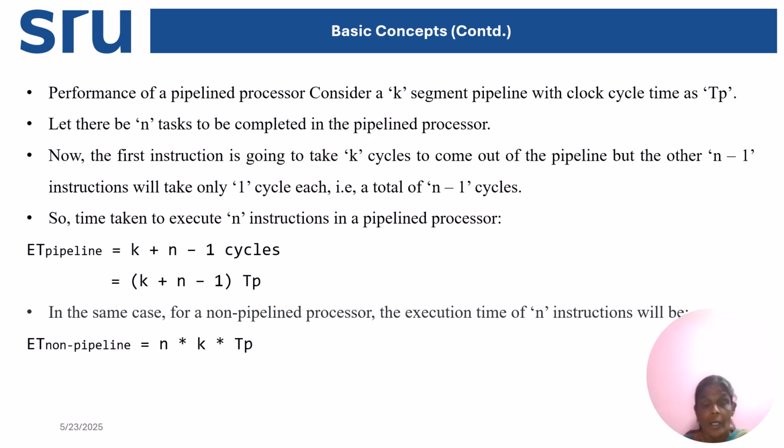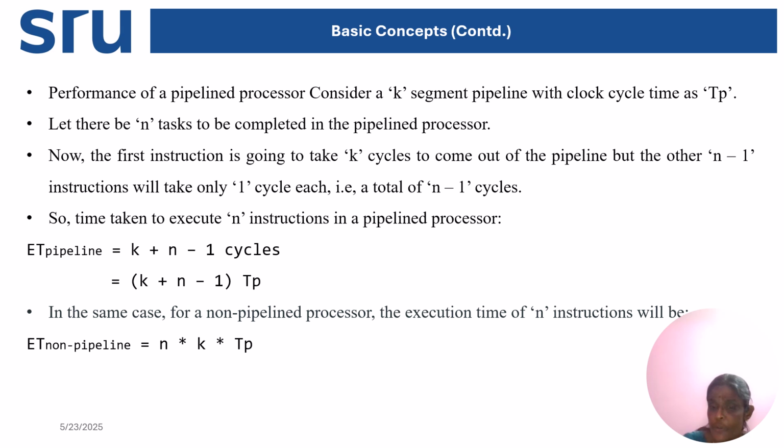Next one, performance. So in this way we are saving the number of clock cycles required to perform multiple instructions. So automatically we know that the processor functions very efficiently and effectively.